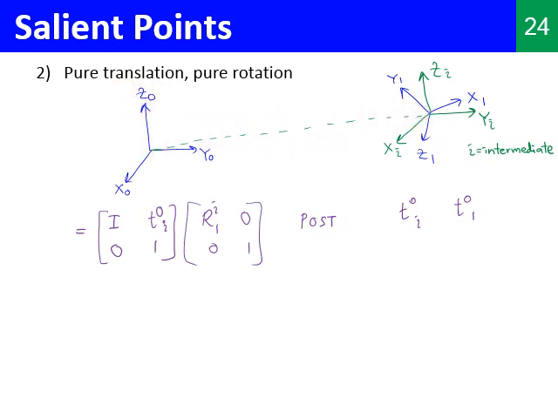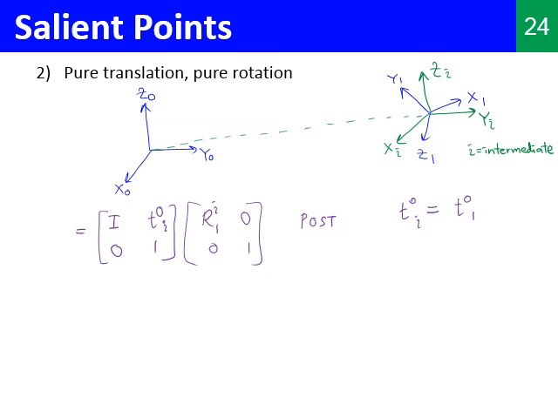Now since both these frames, frame I and frame 1, have common origin, we are actually talking about the same vector, right? Ti and T1. And when we express these two vectors in frame 0, it's going to be same, right? So we can say these two are equal.